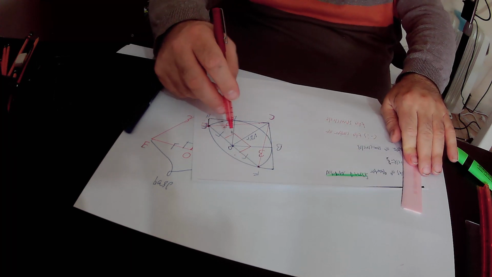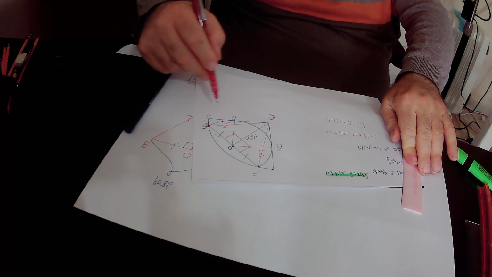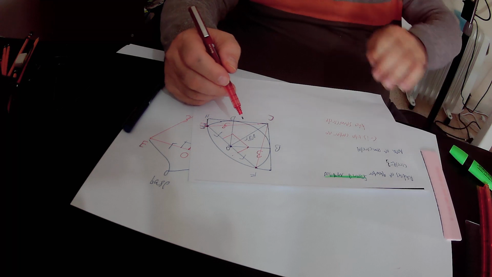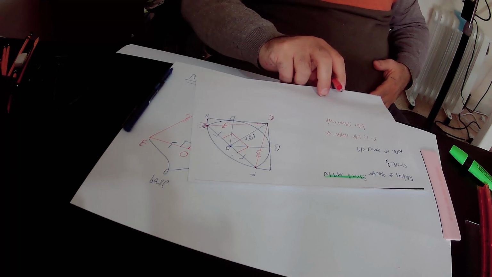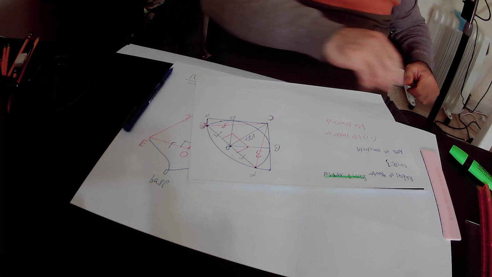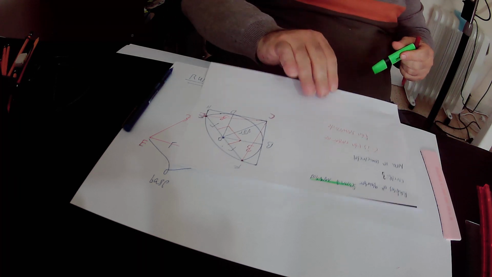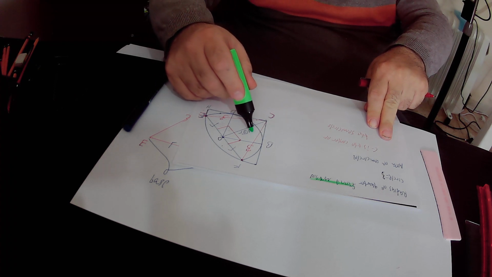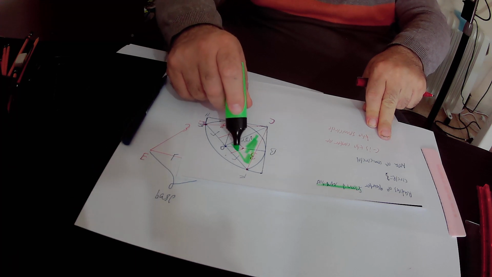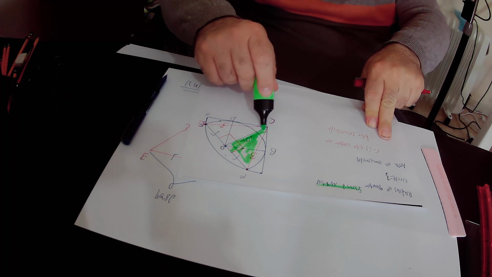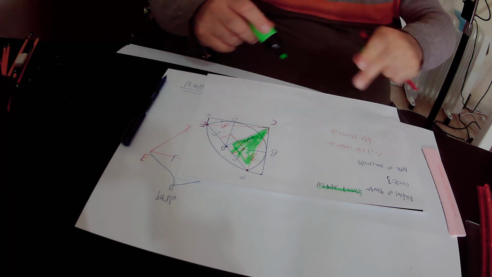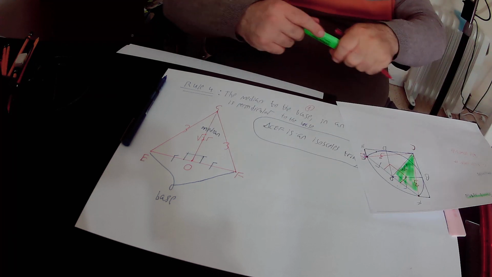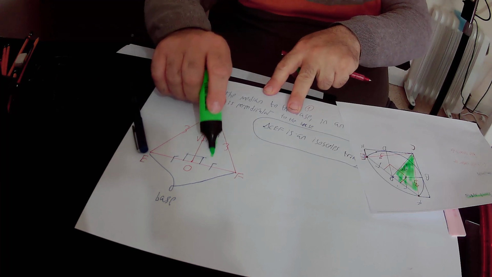Because the median CO is perpendicular to the base FE. So here we will implement the Pythagoras theorem on this right triangle, triangle COF, and we find out the radius of the semicircle.